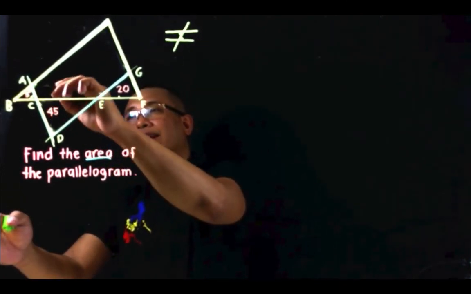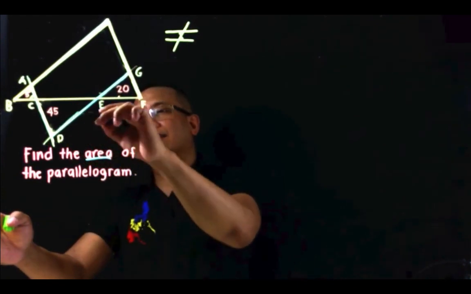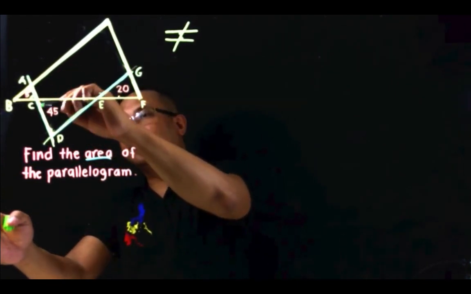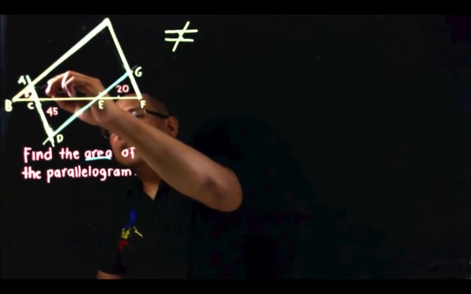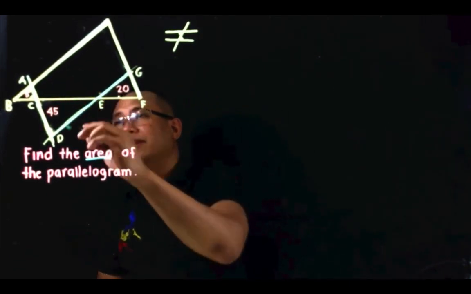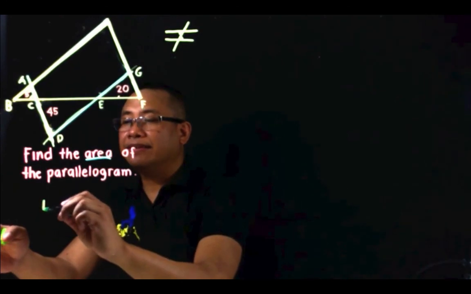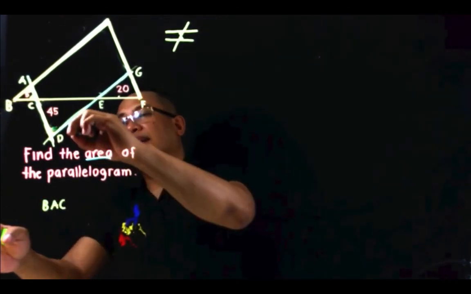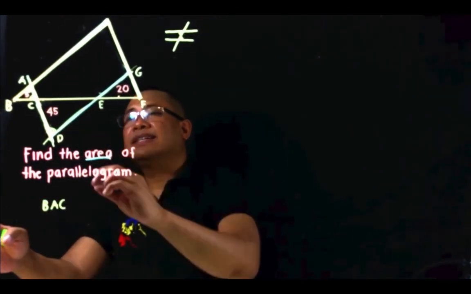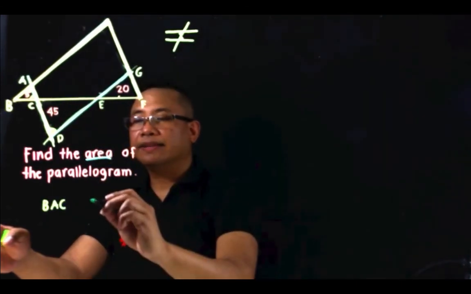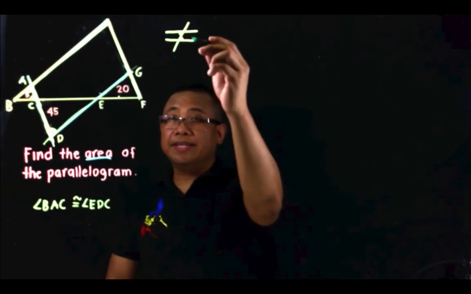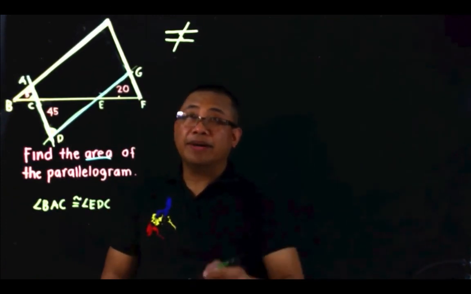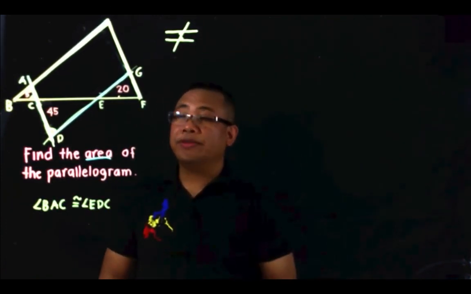So in this figure, we can now think of this as parallel lines cut by this transversal. And because of that, this alternate interior angle here, which is angle BAC, and this angle here, EDC, must be congruent because of this theorem. We have the alternate interior angles theorem.